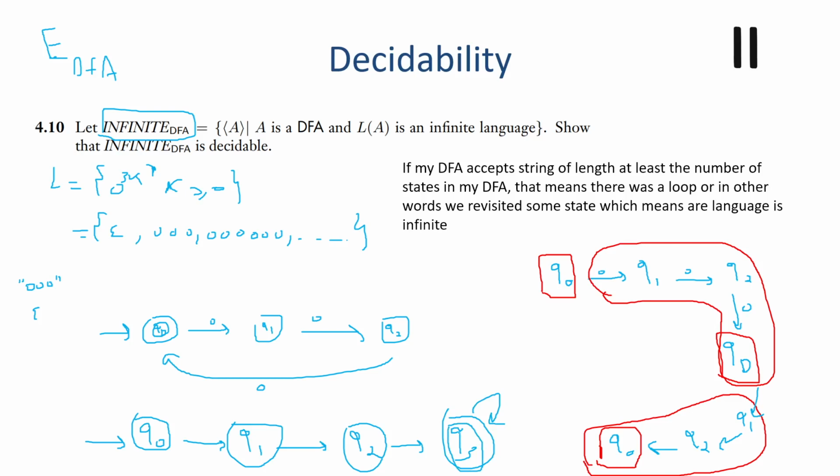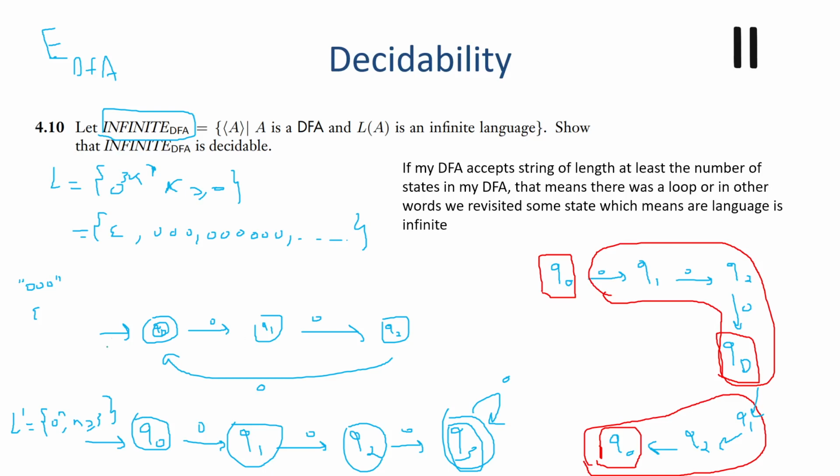This is the DFA that accepts strings of length at least 3, no matter what they are. Like, in our scenario, it's going to be 0, 0, 0, if I only accept zeros. So this accepts strings of size greater than or equal to 3. If I want to write the language of this one, it's some number of zeros n such that n is greater than or equal to 3. And that's enough. Again, it doesn't have to be strictly bigger than the number of states. If it's equal, that's enough.